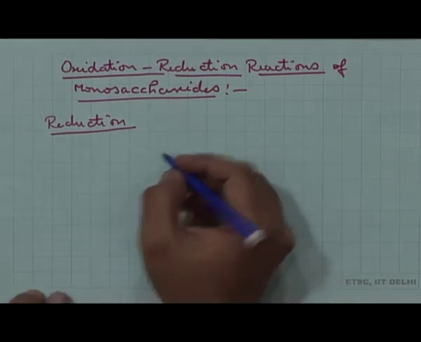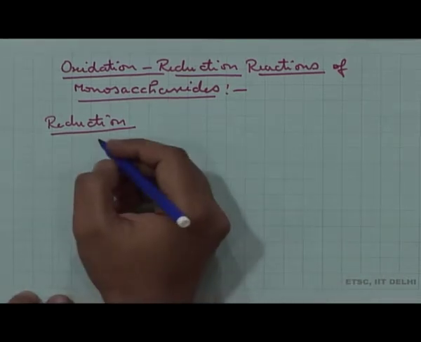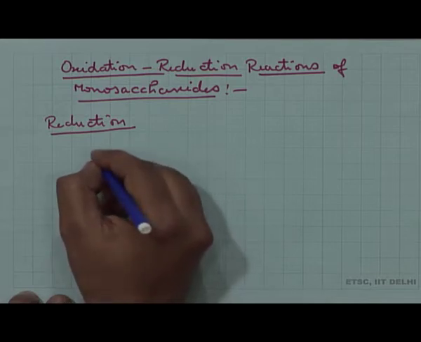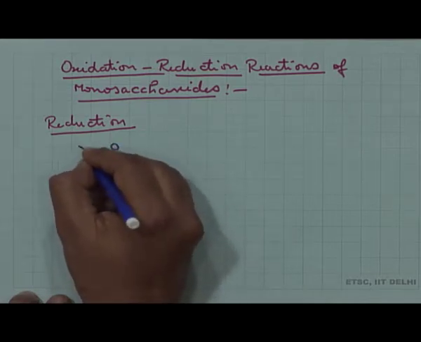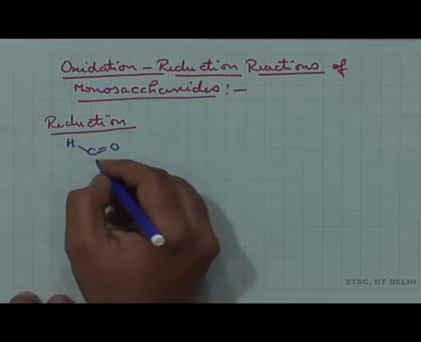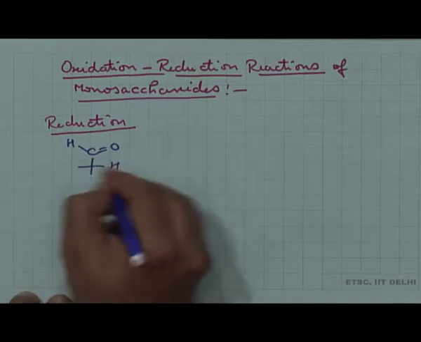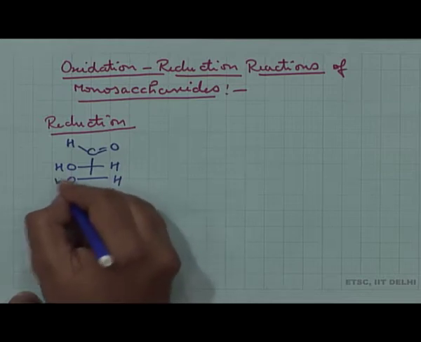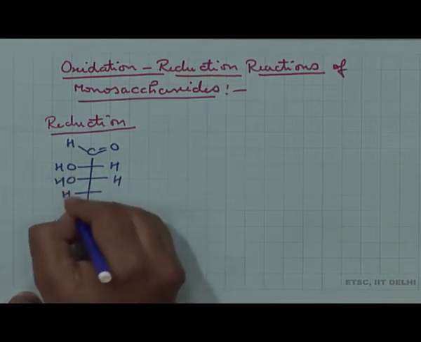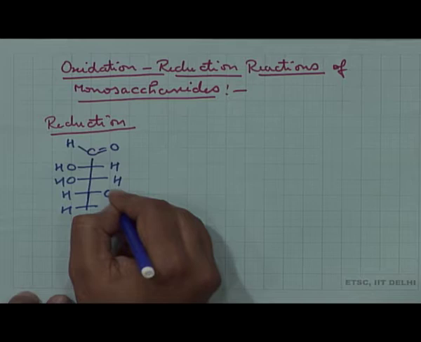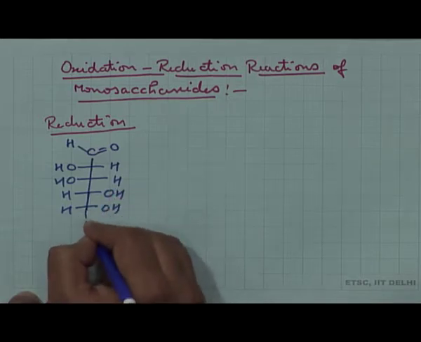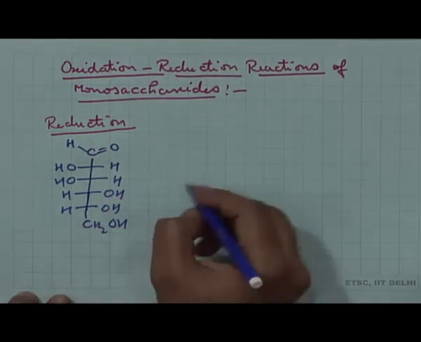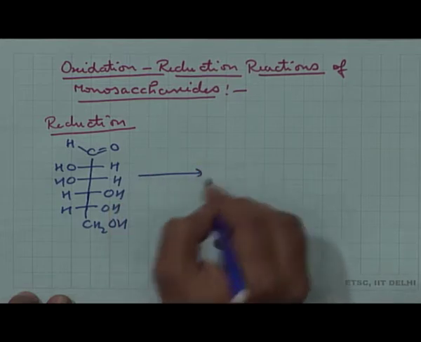So here I am taking D-mannose, which is an aldohexose, and I am treating it with the reducing agent.